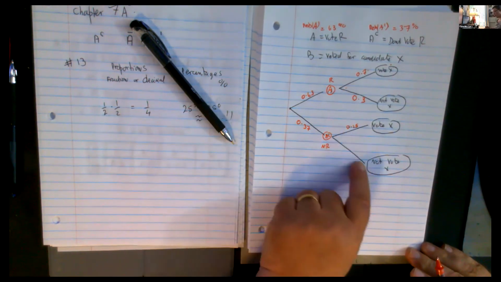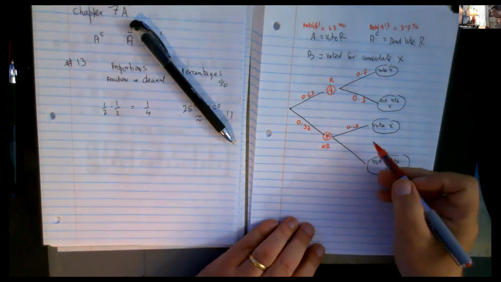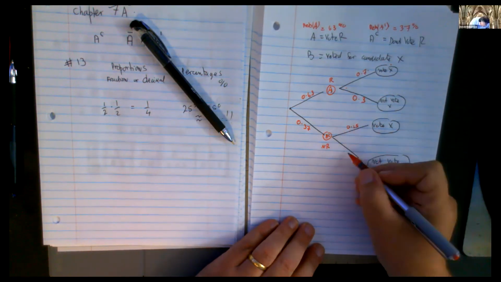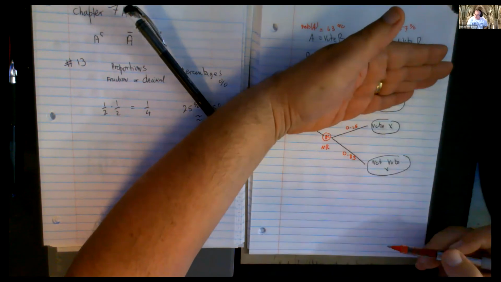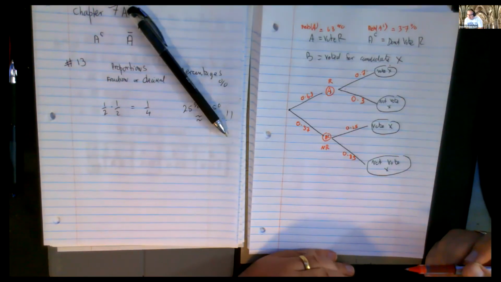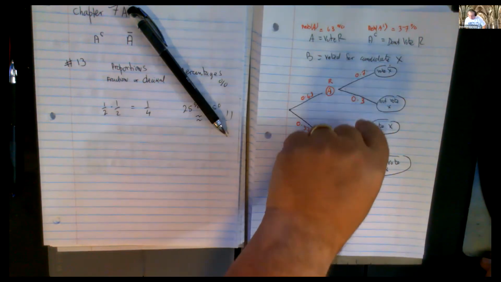Isn't that what's left of the 37 when you take 15 off of it? Okay, so you take 15 off of it, I believe you get 0.85. And you notice it's these two that add up to 1, right? So if this is 70, that's 30. If this is 15, that's 85.